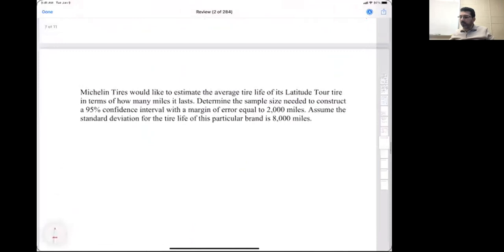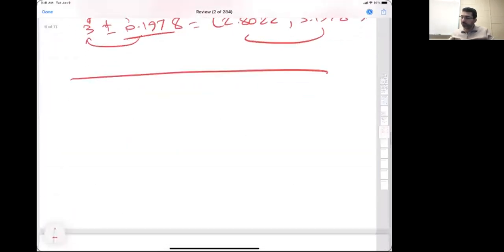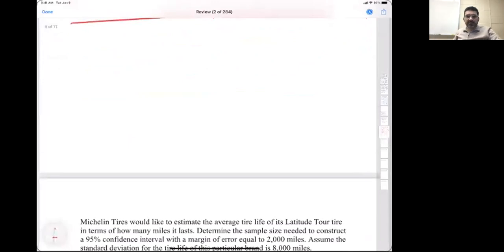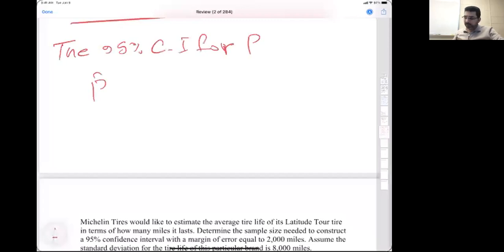What about the confidence interval for the population proportion? For the population proportion, the confidence interval is like this. For example, the 95% confidence interval for p, the population proportion, is p hat plus or minus 1.96 times the standard error.